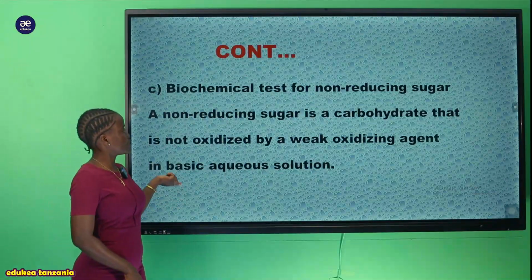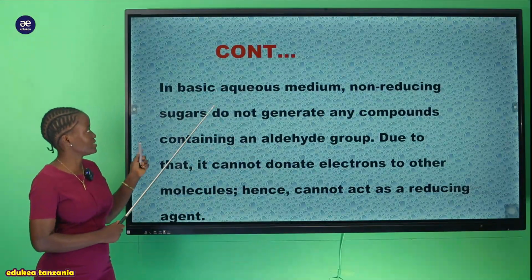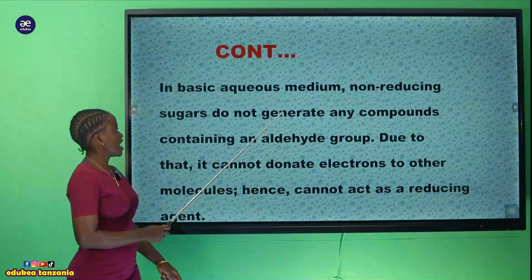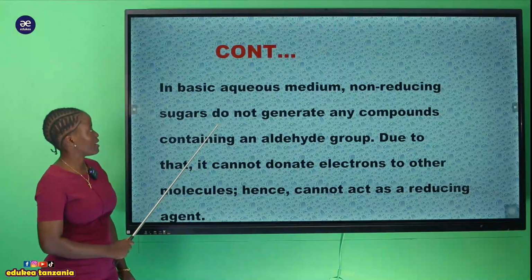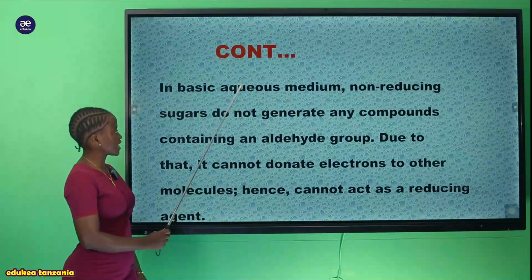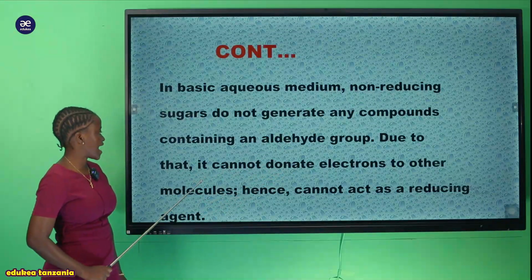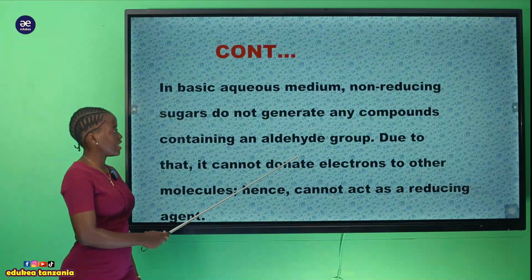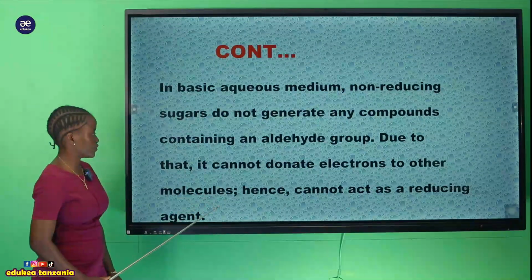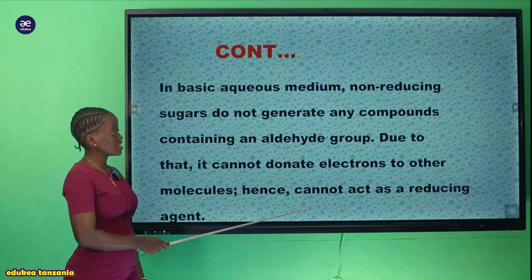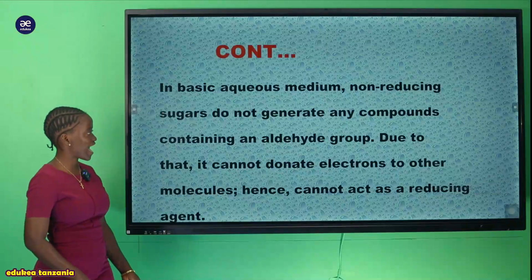So this non-reducing sugar, in a basic aqueous medium, does not generate any compounds containing an aldehyde group. Due to that, it cannot donate electrons to other molecules, hence cannot act as a reducing agent.